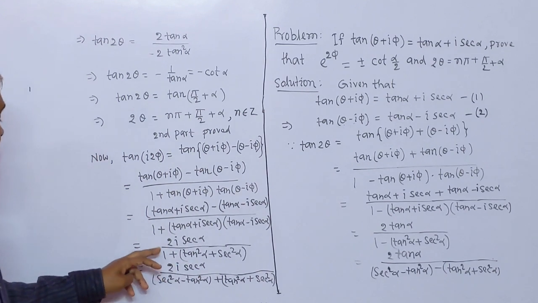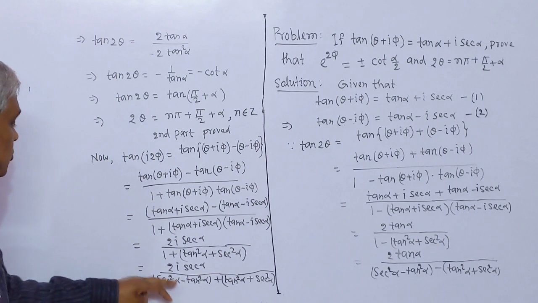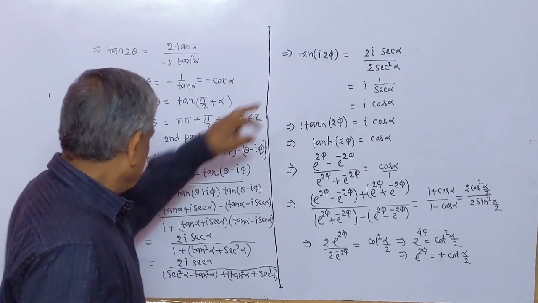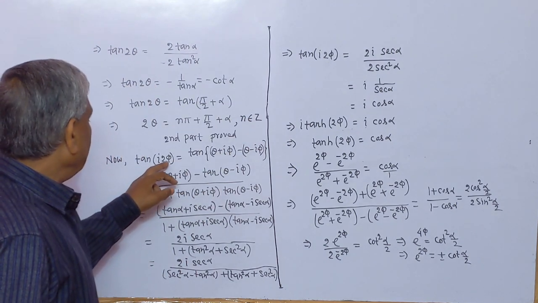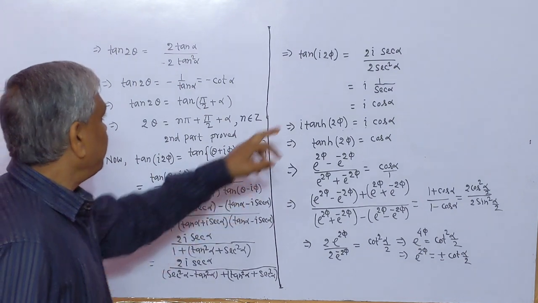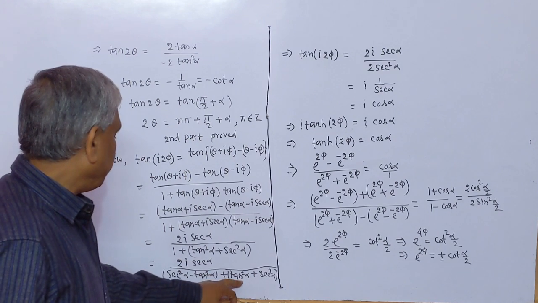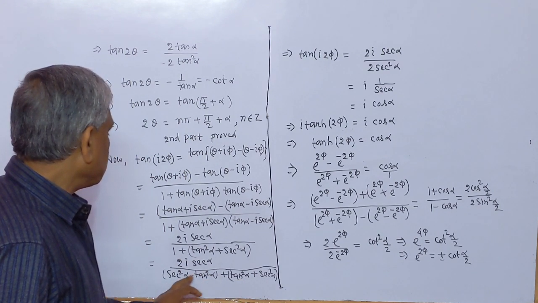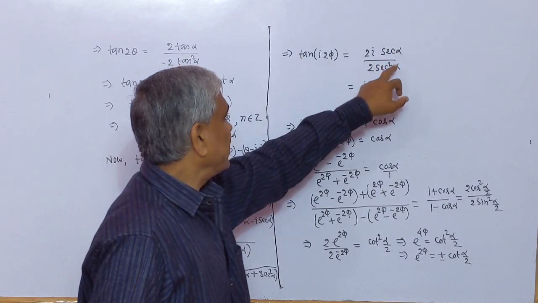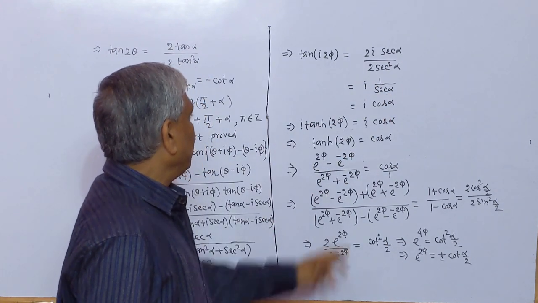In place of 1, we write sec^2 alpha - tan^2 alpha, whose value is 1, and this remains the same. This implies tan(i 2 phi) on the left side, and on the right side 2i sec alpha. Here tan^2 alpha - tan^2 alpha cancel, so remains 2 sec^2 alpha. The 2 cancels, one sec alpha cancels, so remains i times 1 / sec alpha.